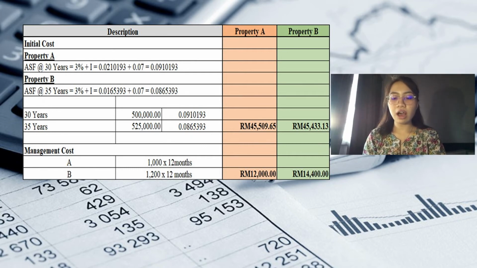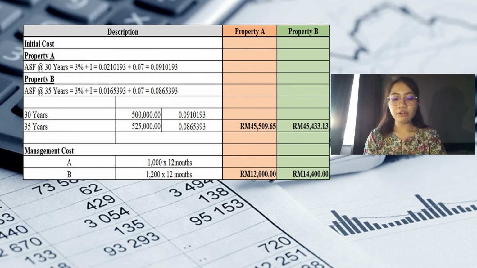So after we total it up, we get 45,509 ringgit and 65 cents for property A, and 45,433 ringgit and 13 cents for property B.